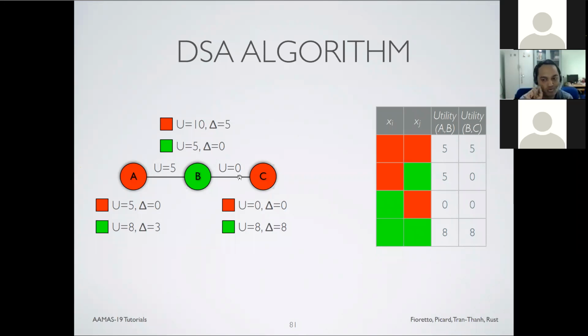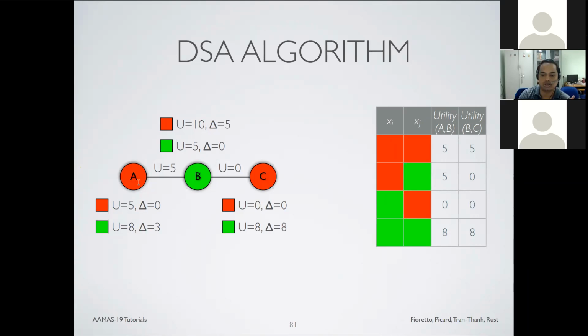With this, we will be changing the color of each node and will calculate. For example, we will compare. If A is red, we are getting this value. That means if we choose A as red, the utility is 5 and the improvement is 0 because it is already red.